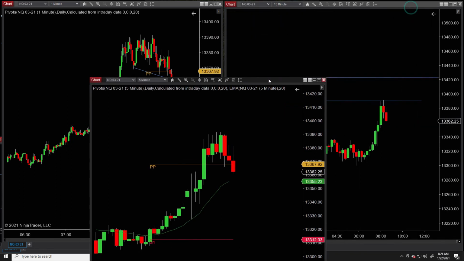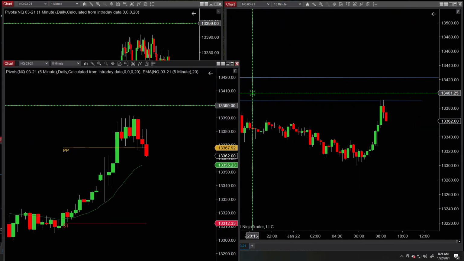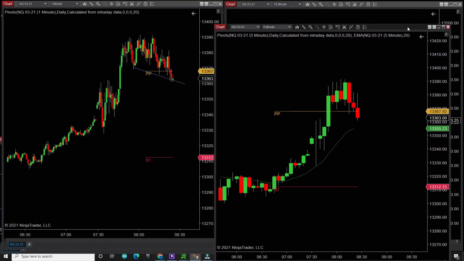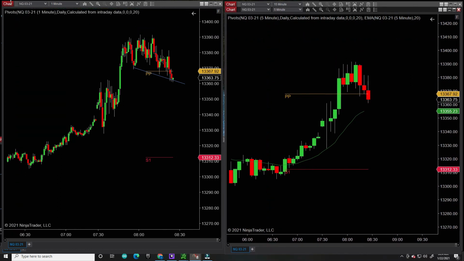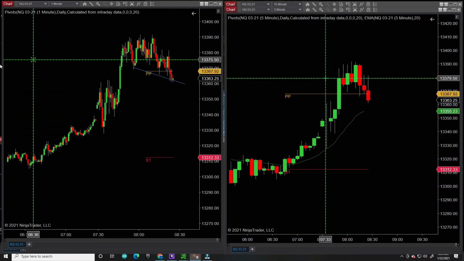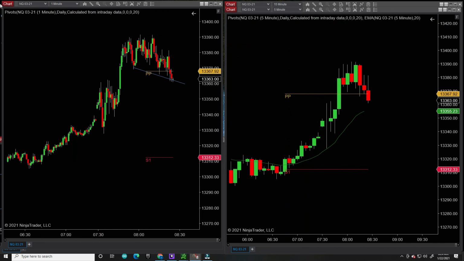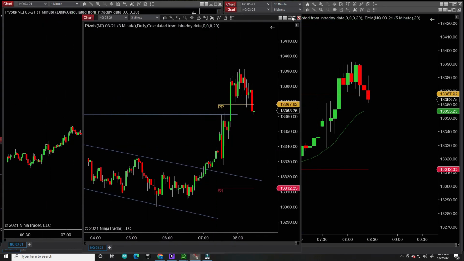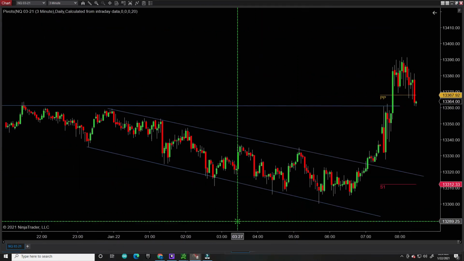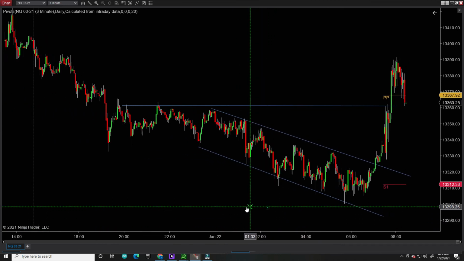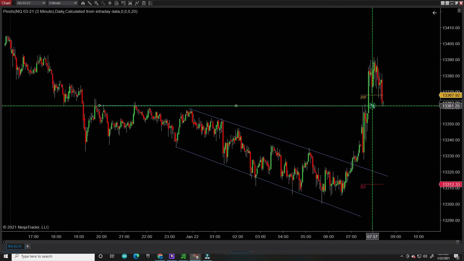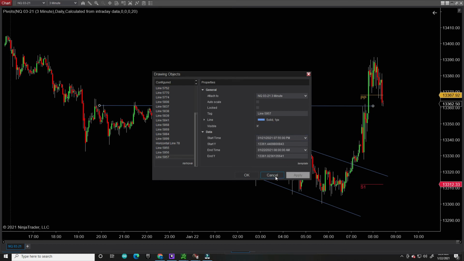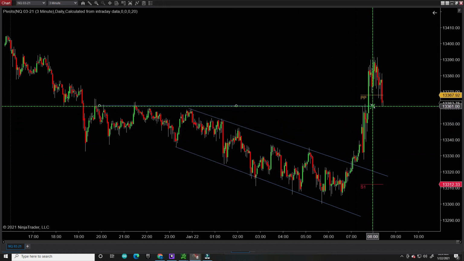Now we are right back to a support level that we're running into, on the 3-minute chart. See that? You don't want to sell right on that. So now, got to be careful here.